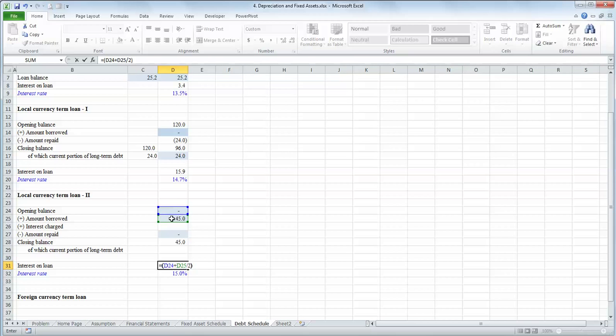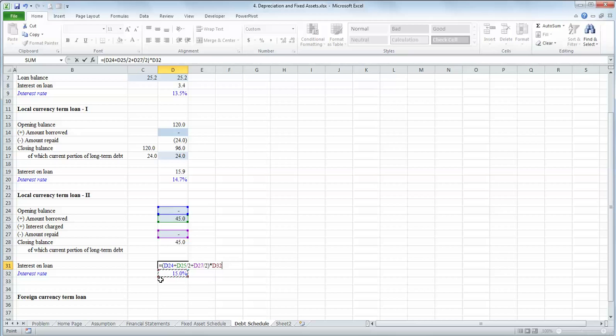Now in order to avoid circular reference, we are not calculating it as opening plus closing by 2 as discussed earlier. Also we are excluding repayment in this case because typically the repayment may happen at the end of the year. But in case we assume that the repayment happens at some time in the middle of the year, we'll also add 1/2 of that because for half of the year the repayment would have been there.